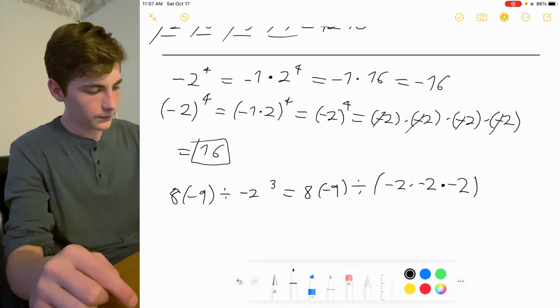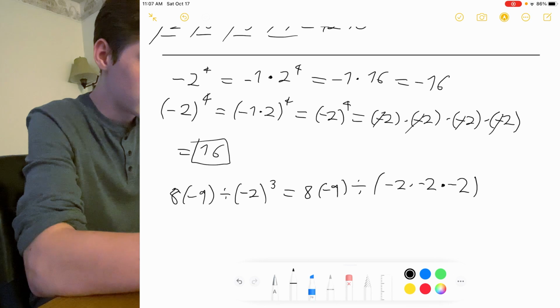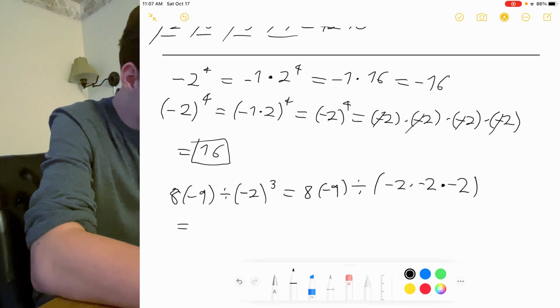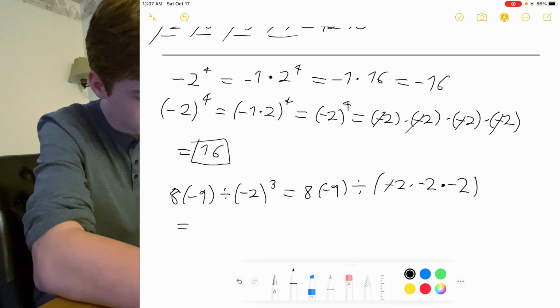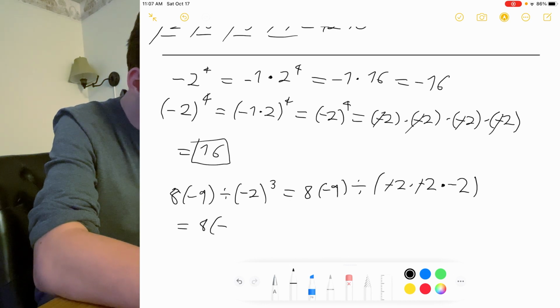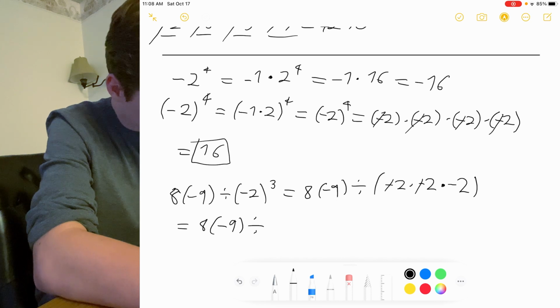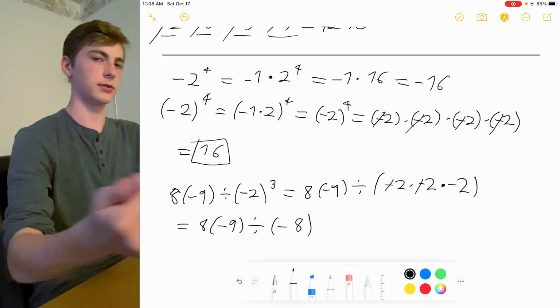We already just went over that, so I'm not going to go over it again. The 2 times 2 times 2 is going to end up being a negative 8. Why? Because we have an odd number of negatives. So these two might cancel, but this one doesn't. So we said 8 times negative 9 divided by, this is going to be negative 8. 2 times 2 times 2 is 8.